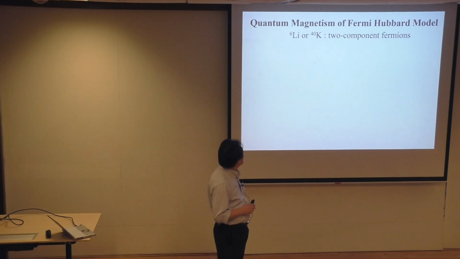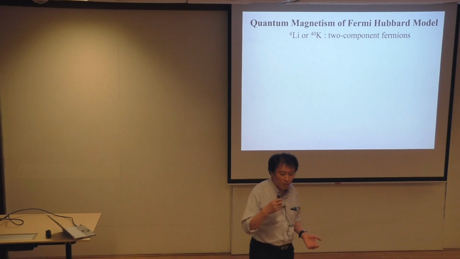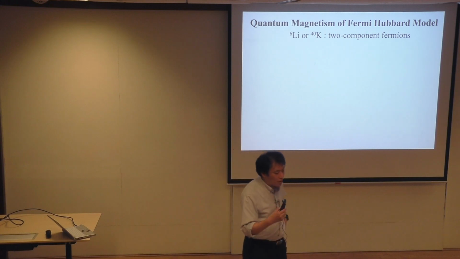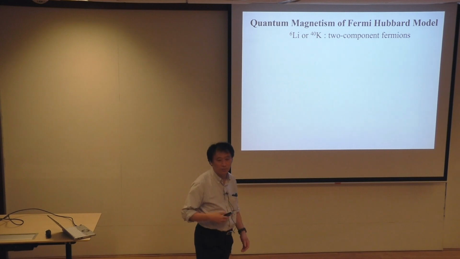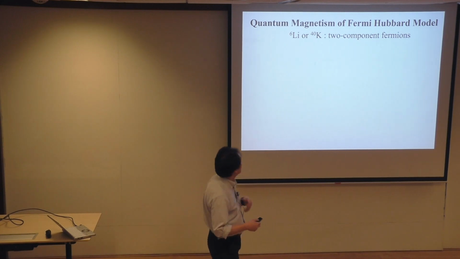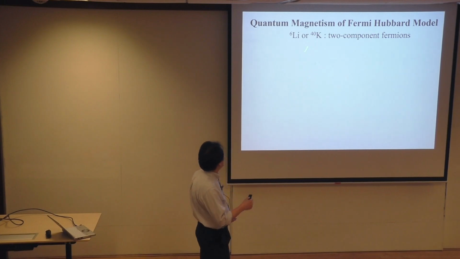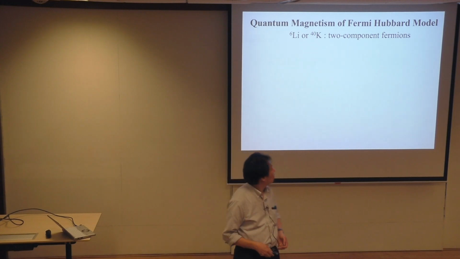Now, the state of the art of quantum simulation research of the Fermi Hubbard model using ultracold atoms in optical lattices can reveal the quantum magnetism of the Fermi Hubbard model. The experiments are done using two-component fermions of lithium-6 or potassium-40 alkaline atoms.